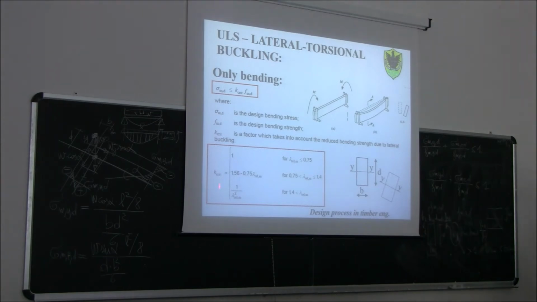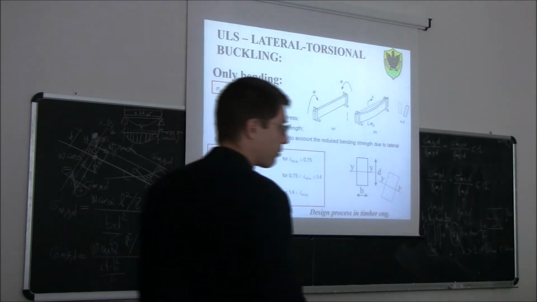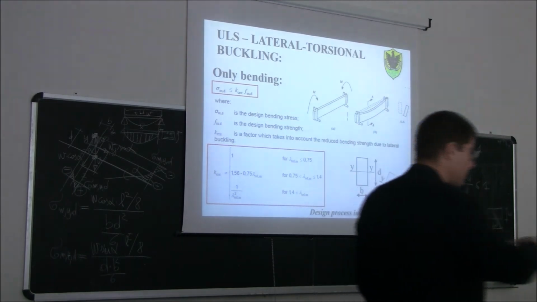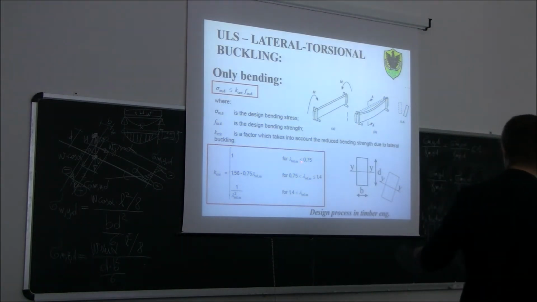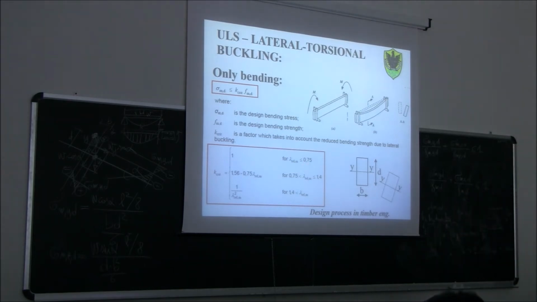You see, there are some empirical equations. So k_crit is equal to 1 for... here we have to define another kind of slenderness, a relative slenderness ratio, like the one that we saw yesterday. In this case, there is a different expression for the slenderness ratio when we talk about lateral torsional buckling. So, for a relative slenderness ratio less than 0.75, the coefficient is 1, so we don't have a problem with lateral torsional buckling.